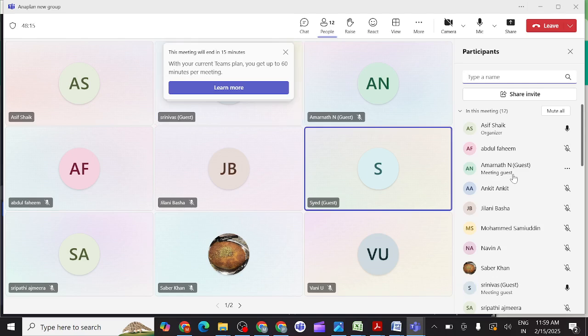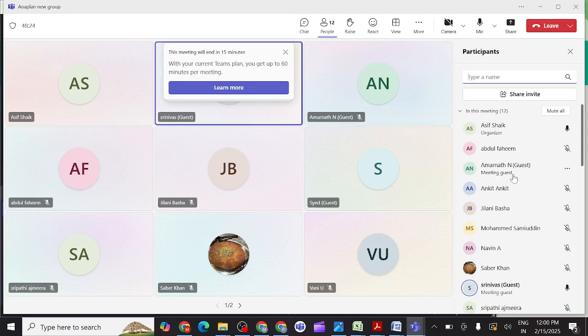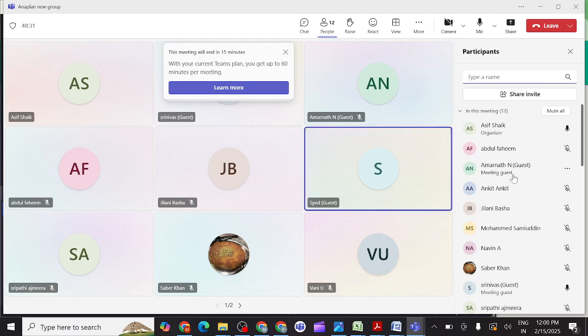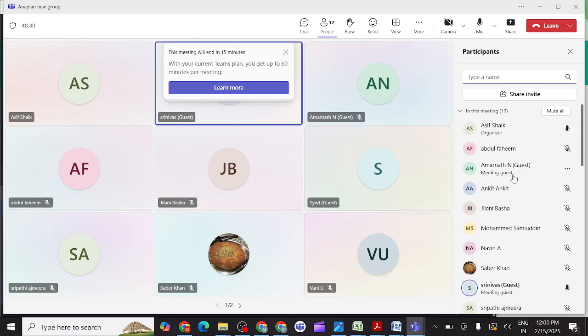Yes, material cost, labor cost, manpower cost, traveling cost, transportation cost. We need to include all these things whenever we are explaining about the expenses.